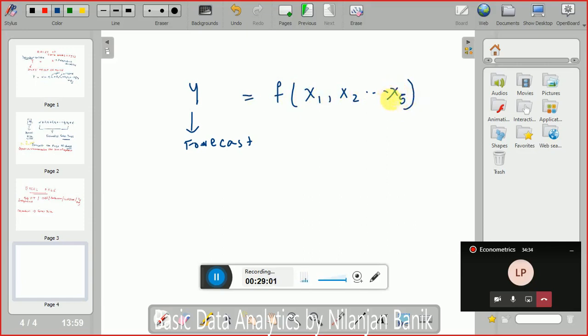In my case I have 5 independent variables. The example I gave about the price of a house in downtown Paris, which depends upon which side of the house you build, tells you that it is not possible for us as researchers to take into account all the independent variables, and therefore what we are left out with is called the error term.